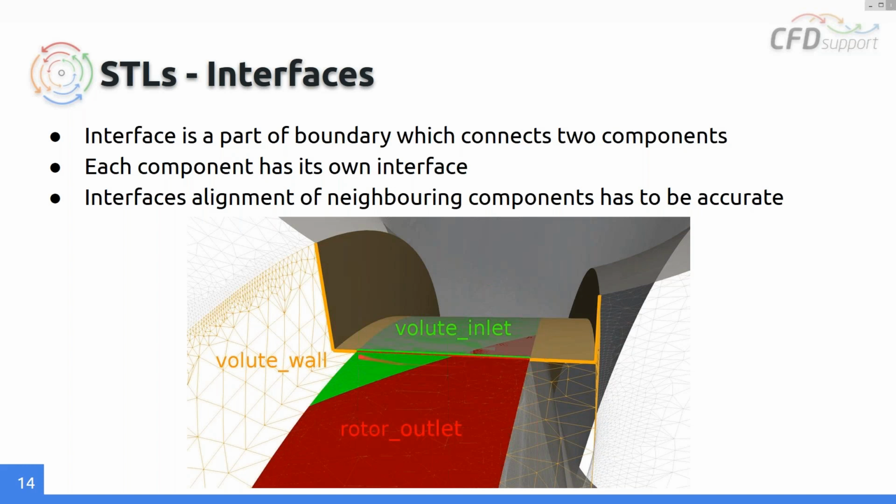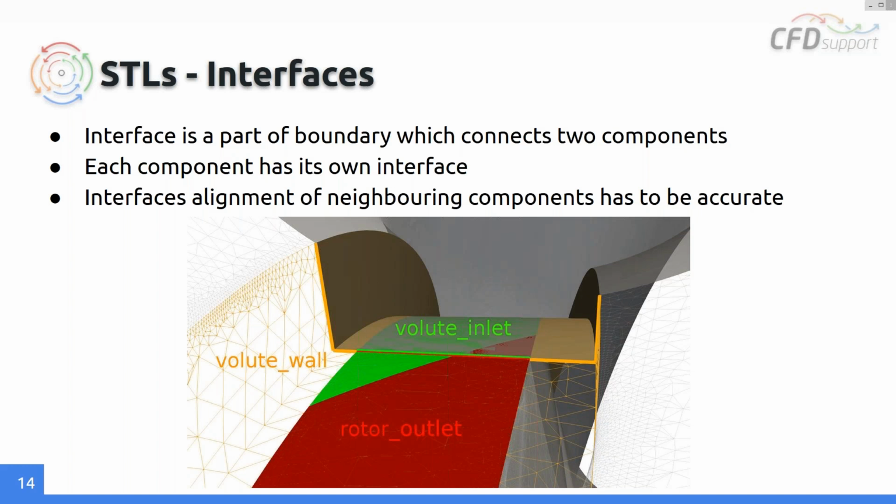So there can be no extension from one side. The inlet to the volute has to have the same patch, let's say, or same geometry, same STL as the rotor outlet. Not the same in the STL sense, but the topology has to be the same and has to be at the same place.